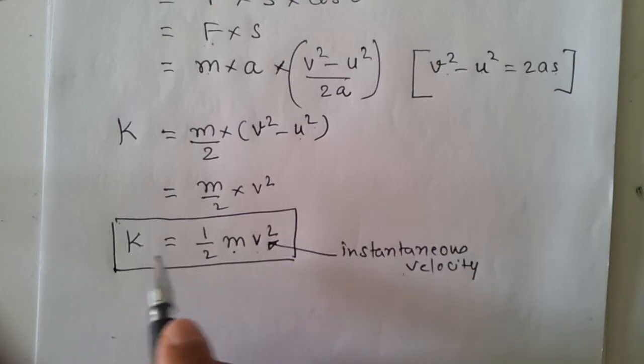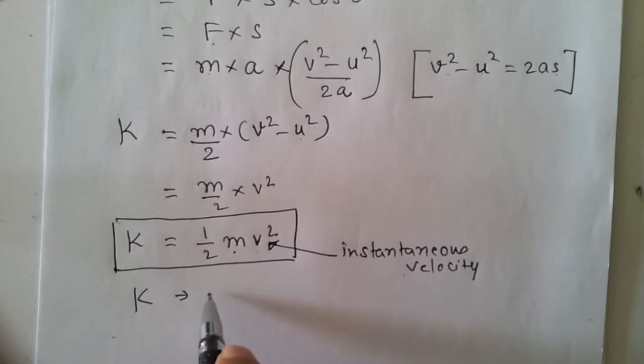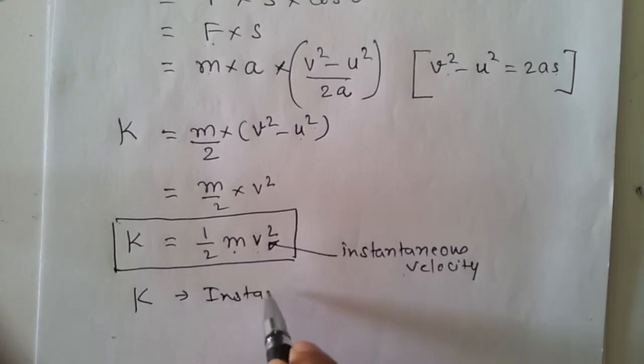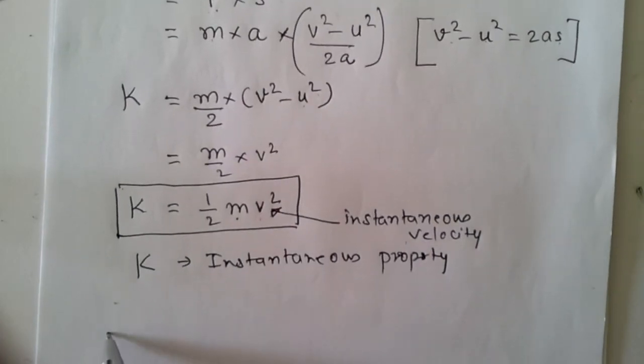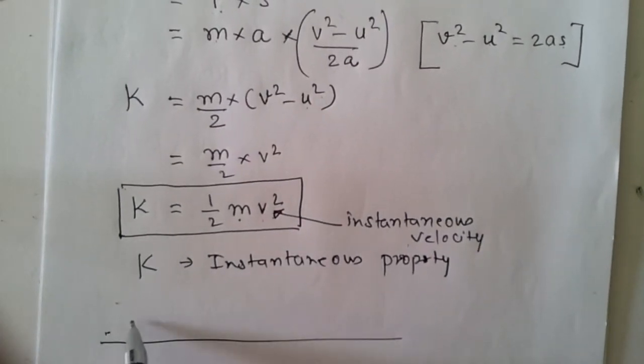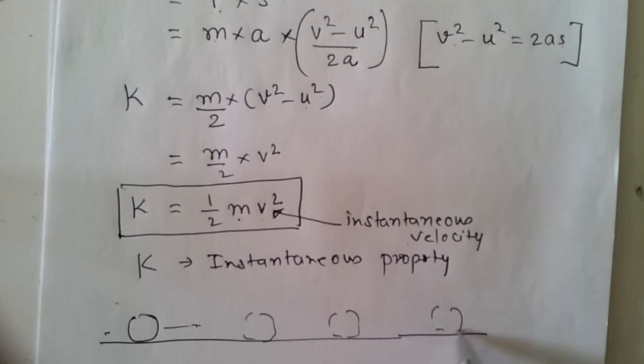So what we are saying in other words is that kinetic energy K is an instantaneous property of a body, meaning that as the body keeps on moving, right? If I draw a path over here, and let us say there is an object moving in this direction, it will be at different locations at different points in time, and at all the different locations the velocity will be different.